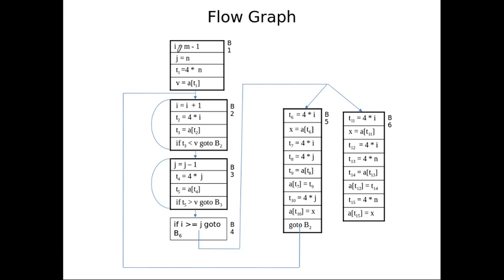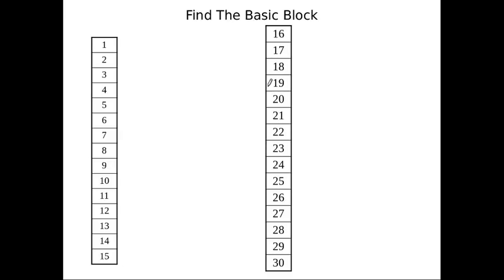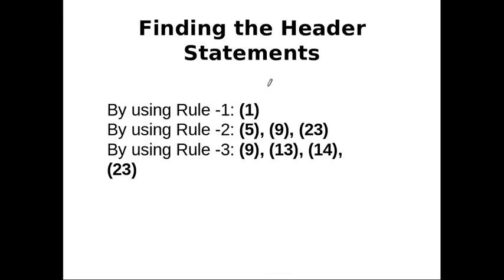Now after writing the basic blocks, try to give the flow between those basic blocks. How do we give it? Observe the last statement of each and every block. If its last statement is a conditional or unconditional jump, go to the target block. If it is not, give fall-through.